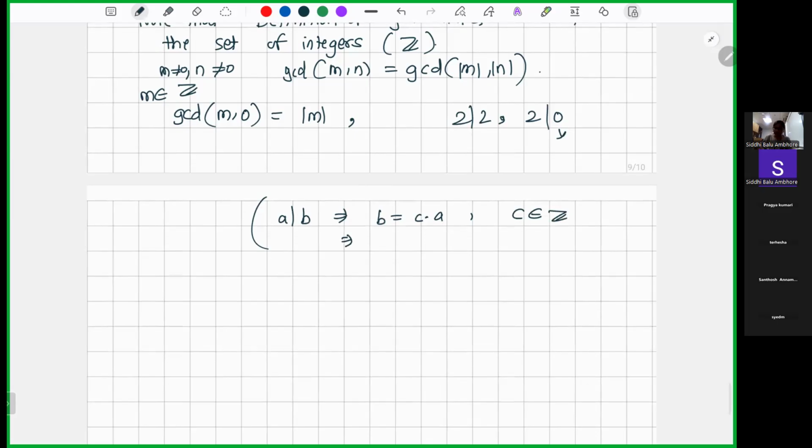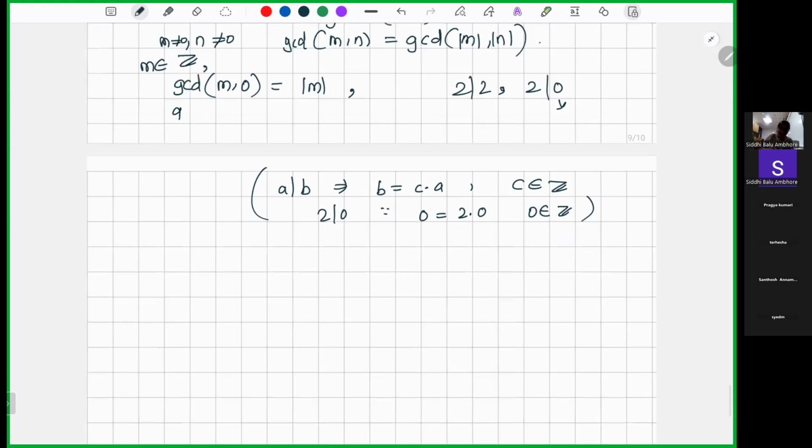Here 2 divides 0 since 0 is 2 times 0, and that makes sense since 0 is in Z. So it makes sense to define GCD of 0 and M to be mod of M.